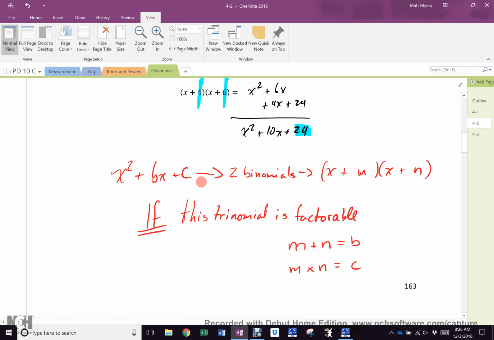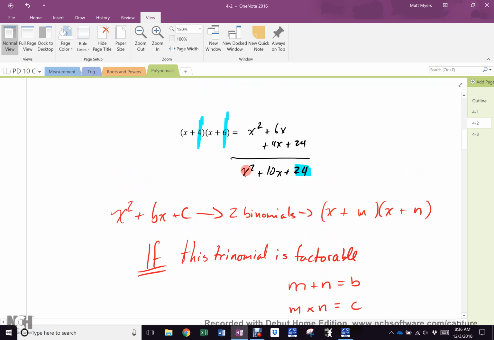Is everybody cool? Now let's look at this without writing. Here's what I started with, right? So I know that in my final answer, m and n have to add to 10 and multiply to 24. So all you do is start looking at the pairs of 24. 1 and 24 will not get me 10. 2 and 12 could get me 10, but only if one of them was negative.